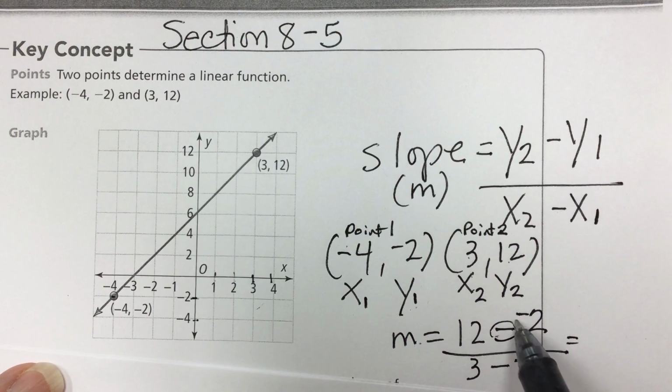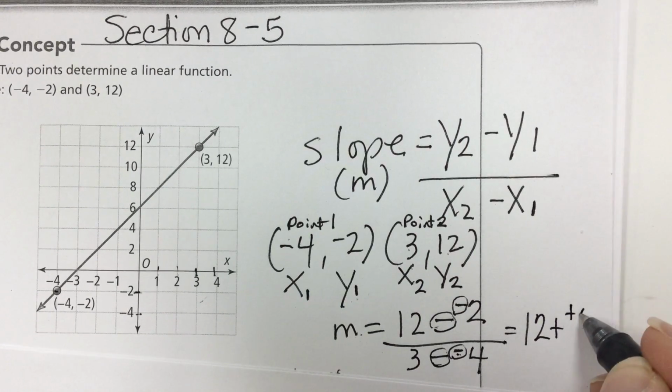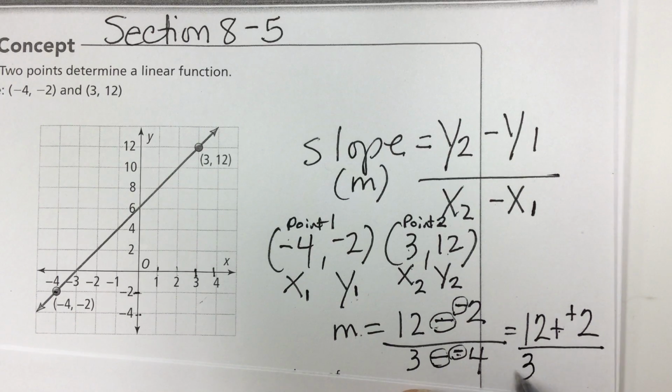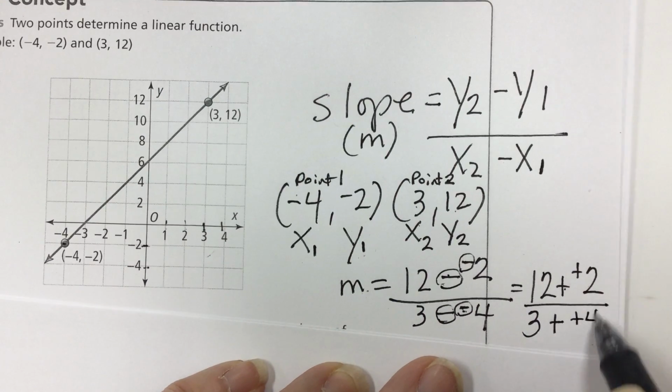So we need to change both of these to their opposites. You change subtraction to addition, and you take the opposite of the second number. Changing subtraction to addition, the opposite of -2 is +2. Same with the denominator, keeping 3, changing subtraction to addition, taking the opposite of -4 would be +4.